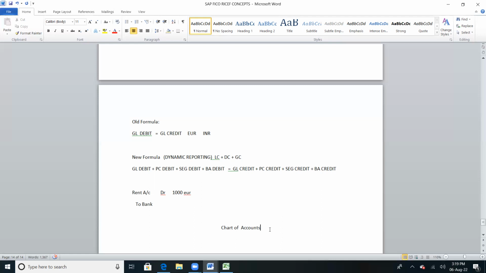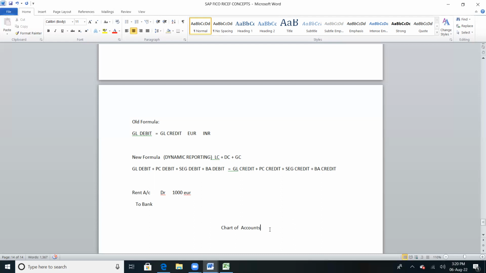For example, debtors, creditors, purchases, sales, cash, bank, rent, salaries, commission, etc. Many more it will involve.